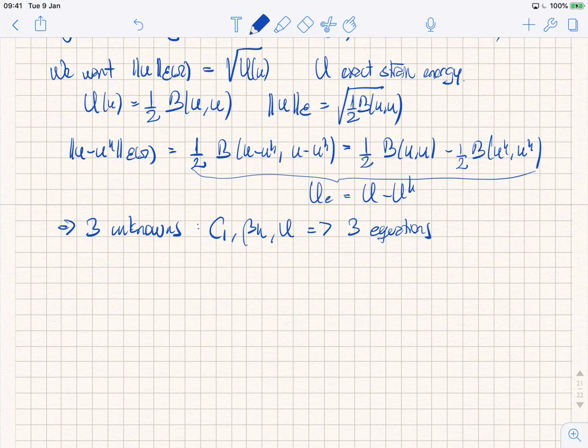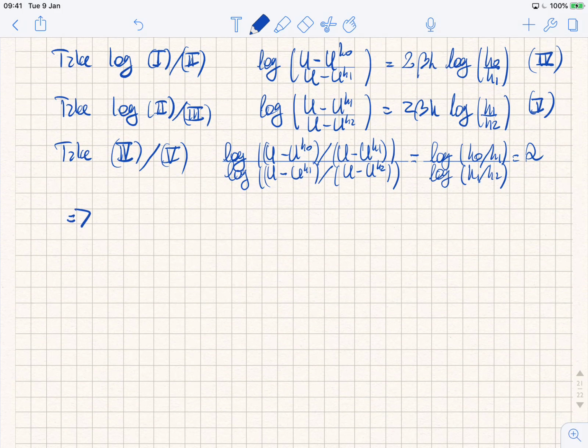So if I take that equation, I can actually rewrite this. Let's take only the left-hand side, and we get the log of u minus u h0 divided by u minus u h1. It is going to be equal to q, the log of u minus u h1 divided by u minus u h2.